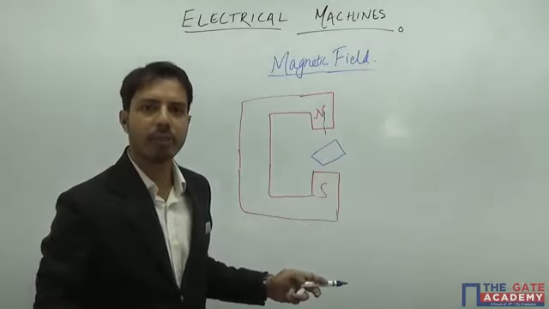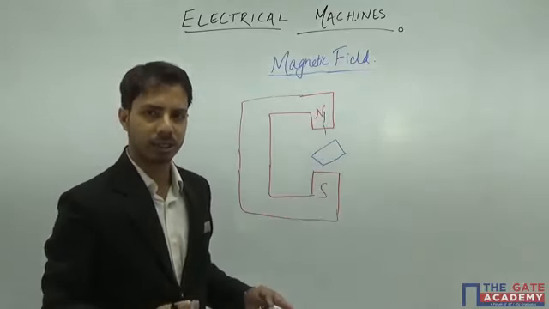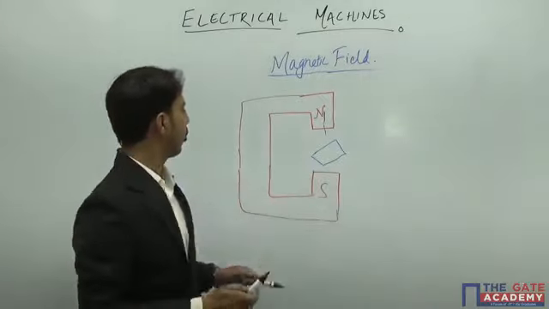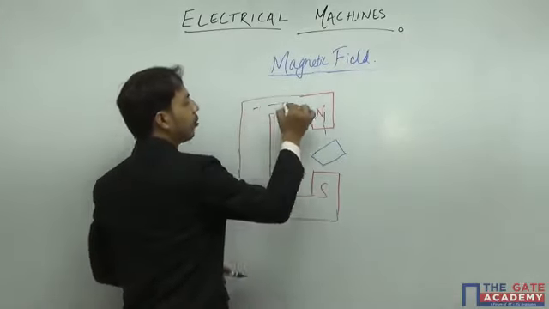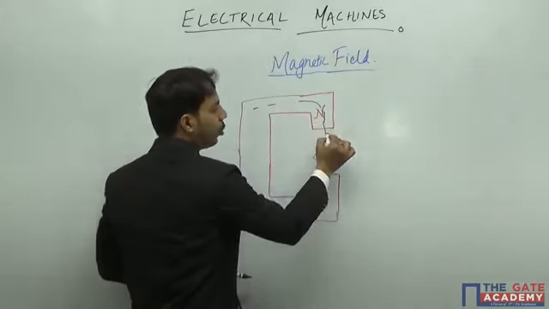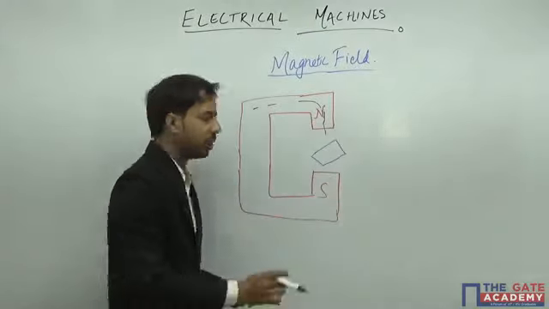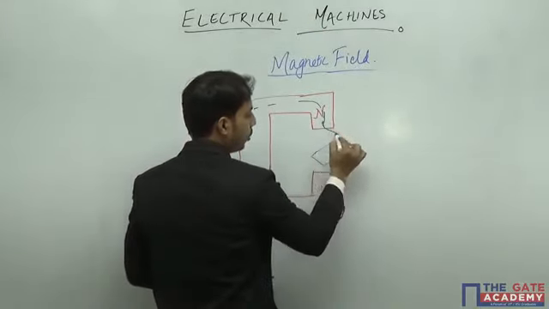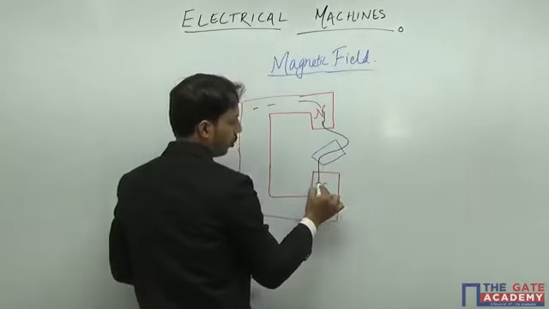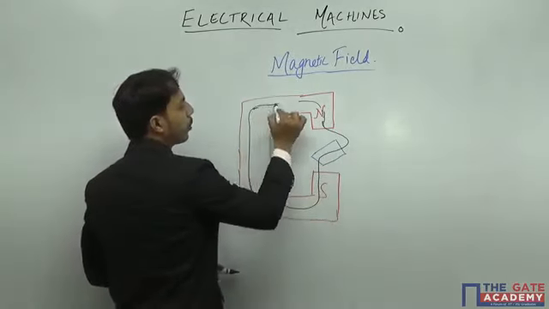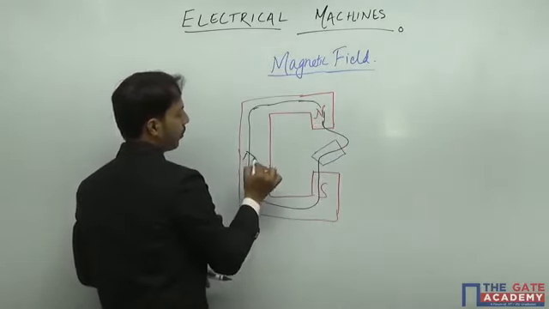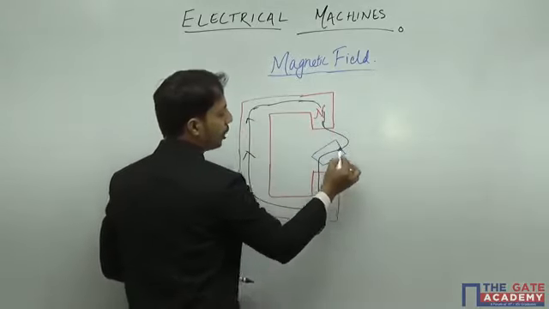Now iron definitely will have less reluctance. So this flux will try to go through the minimum reluctance path, that means through this path.